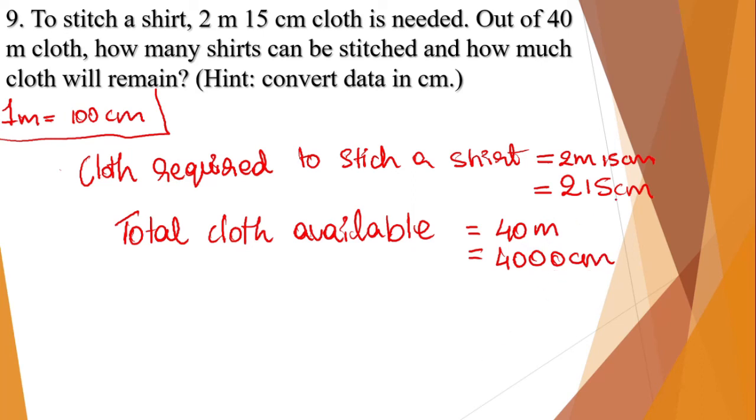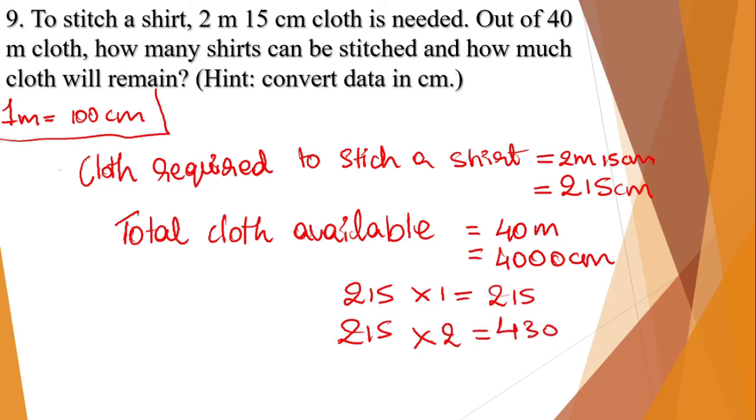Now we converted all the data in centimeter. Now to find how much cloth we need to stitch one shirt will be 215 into 1, which is 215 only. Now to stitch two shirts, we will do 215 into 2, which is 430. Like this we'll keep on doing.